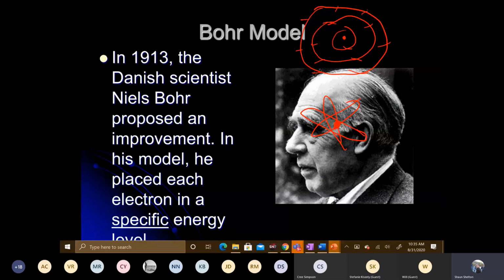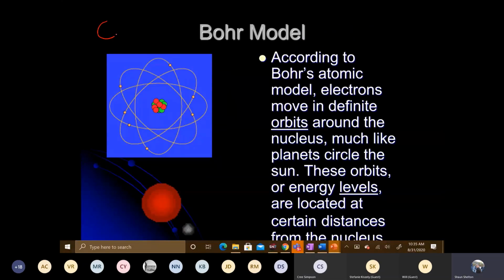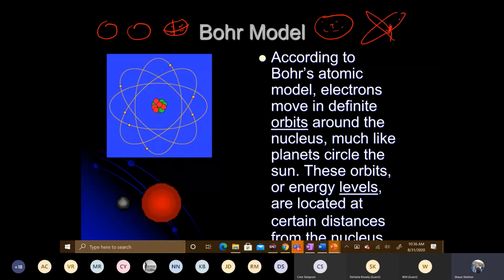So this is the structure. As we started with Democritus, Dalton, Thomson, then we get into Rutherford. Now we get into Bohr, which gives us the famous drawing that we see in a lot of different videos and TV shows.